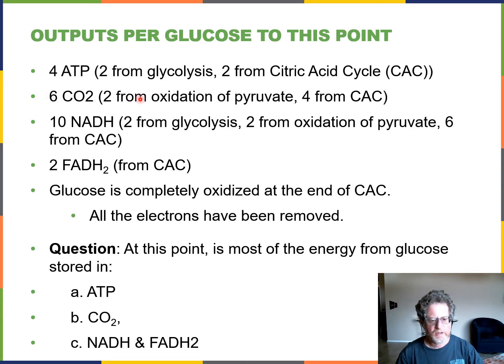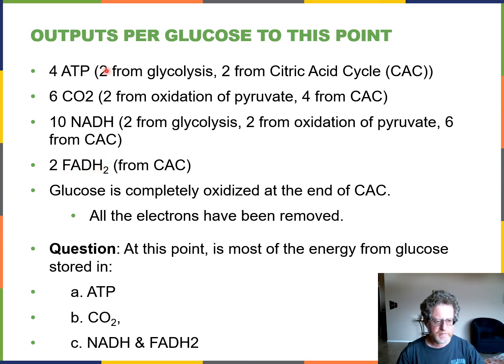You've made 6 CO2, so all the original carbons from the glucose are now converted into CO2. You've made 10 NADH, 2 from glycolysis, 2 from the oxidation of pyruvate, and 6 from the citric acid cycle. You've made 2 FADH2, and that's all from the citric acid cycle. So most of the energy from glucose has been converted into the NADH and FADH2.